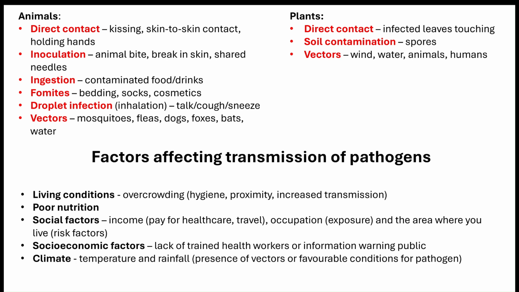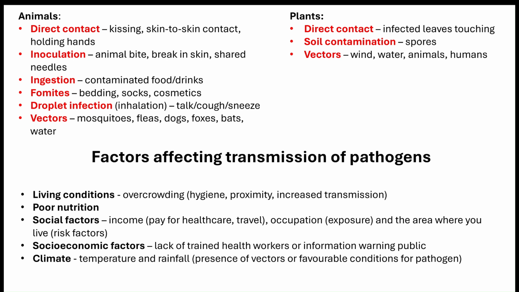And also the climate is something to factor in. When you change the climate, for example, if the temperature changes, or if there is more or less rainfall, that could affect the presence of vectors, or it could affect the presence of pathogens because you have more favorable conditions.